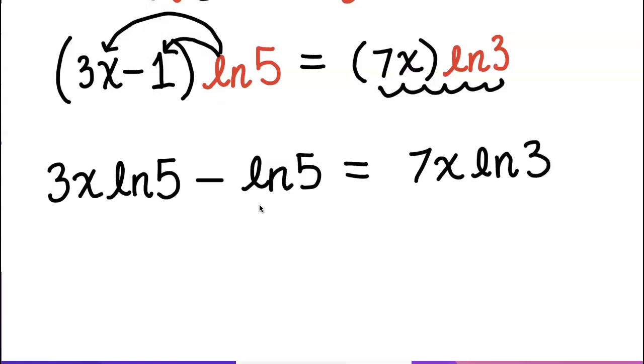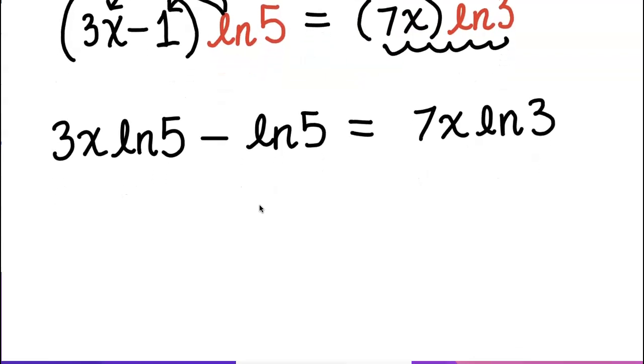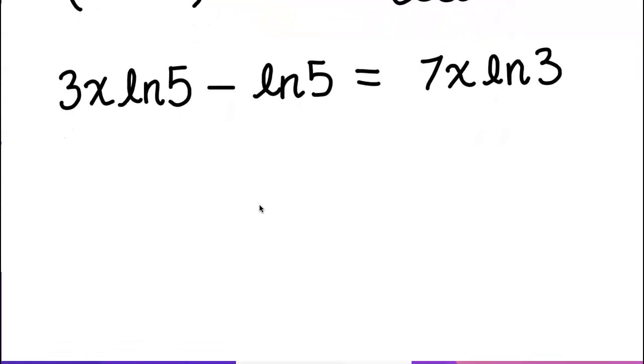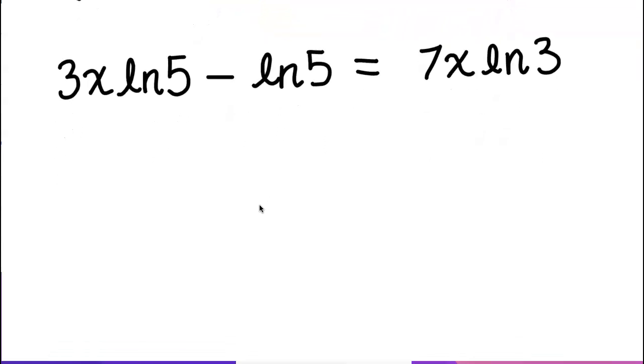Looks pretty complicated, but we have to remember the goal is to solve for x. So I'm going to circle all the terms that have x. On the left-hand side, I have 3x natural log of 5. I like that red circled 3x natural log of 5 to stay on the left-hand side. I want to keep all the terms that have x on the left.